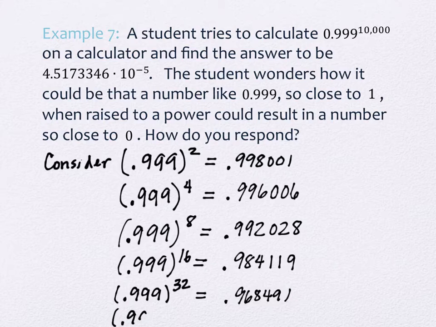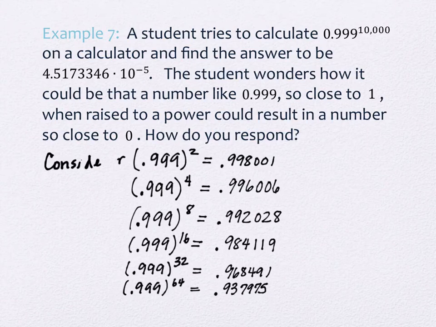All right, double it again. 0.999 to the 64. Do you have it, Michaela? 0.937970. Okay. Thankfully, that was a bigger jump.